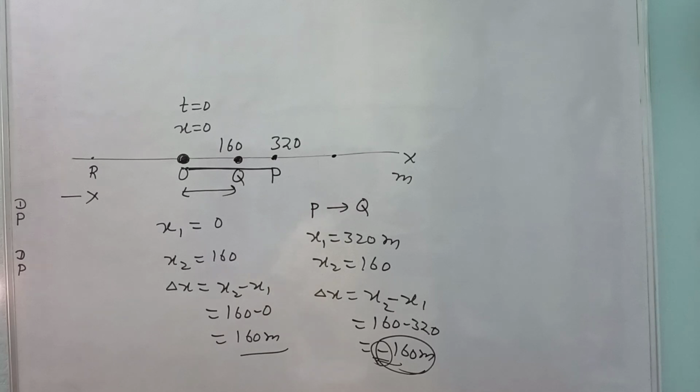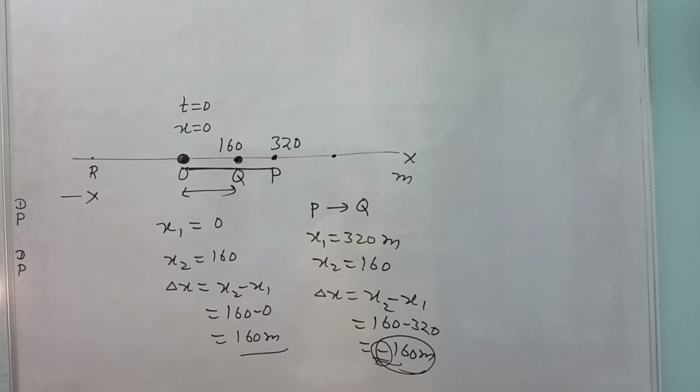So I think you understand what is distance, what is displacement. If I take the summary, distance is nothing but the actual length of the path covered by an object. This is always positive for moving object.